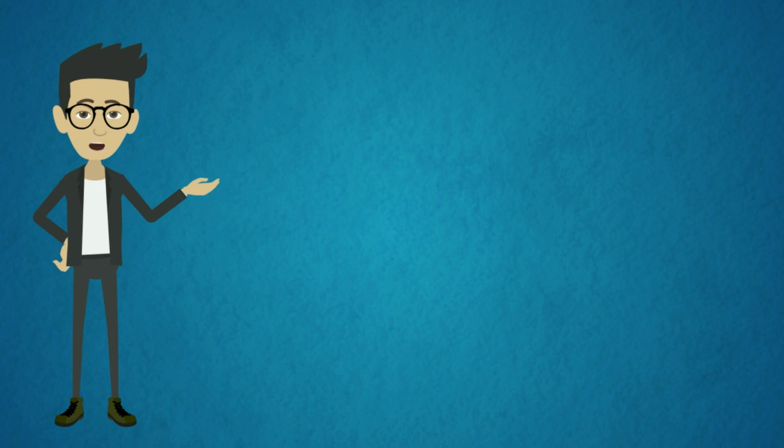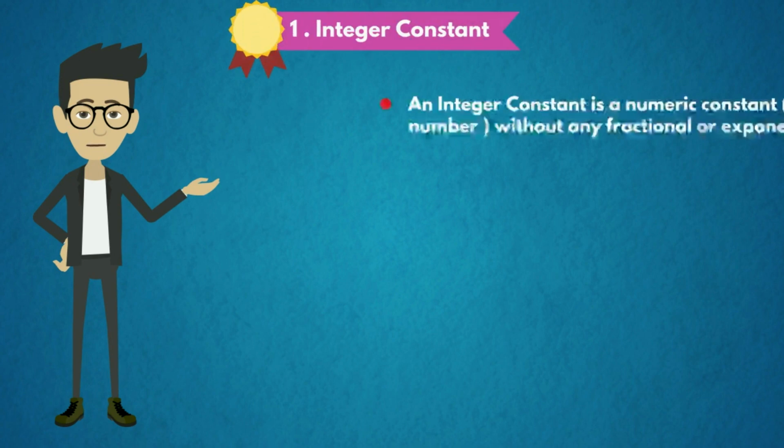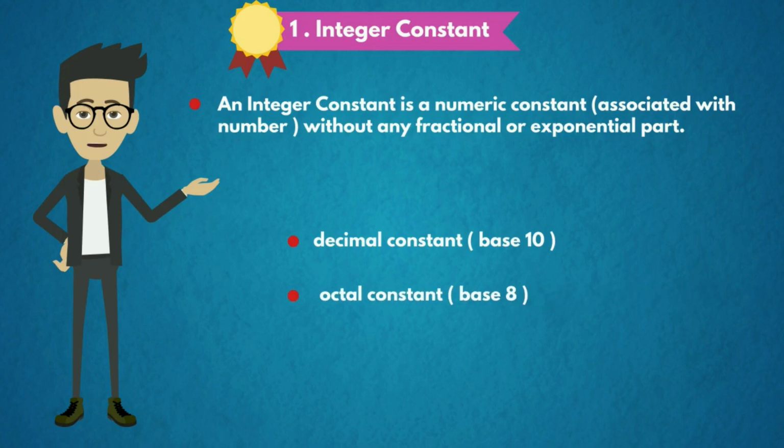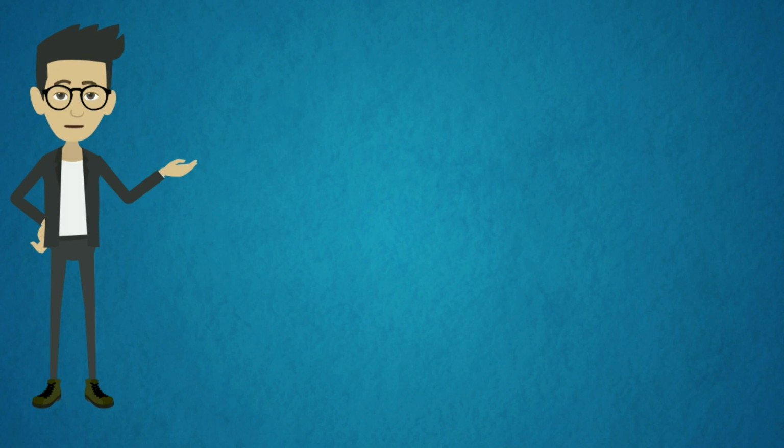First constant type is integer constant. An integer constant is a numeric constant associated with a number without any fractional or exponential part, like decimal constant which has a base 10, octal constant which has a base 8, hexadecimal constant which has a base 16. Integer constants are taken from the number system.